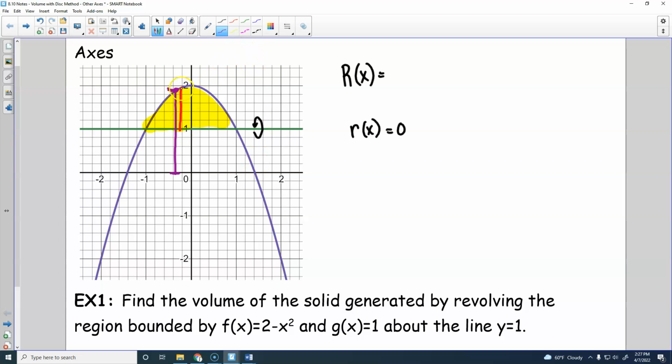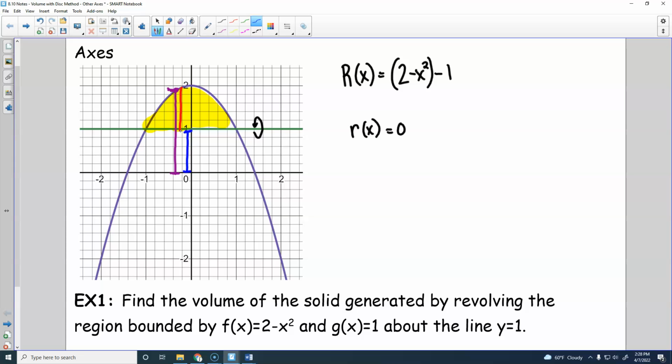So for that red line, I need my radius to be 2 minus x squared, which is the purple section here, and I have to subtract 1 because it's up 1. 2 minus x squared gives me the distance from the x-axis, but I don't really want the distance from the x-axis here, because I'm rotating around that line y equals 1 instead. So I have to subtract out this distance here, which is 1. And that'll give me the red line there.